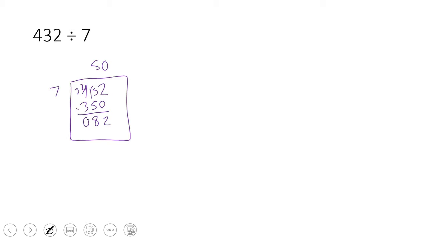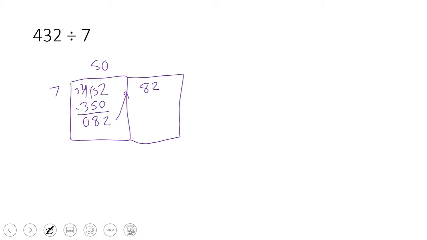Okay, now I ask the question, is 82 less than 7? It is, so we need to add another box here. And the 82 is going to go up the top of the box. Now I ask the question, how many times can 7 go into 82?